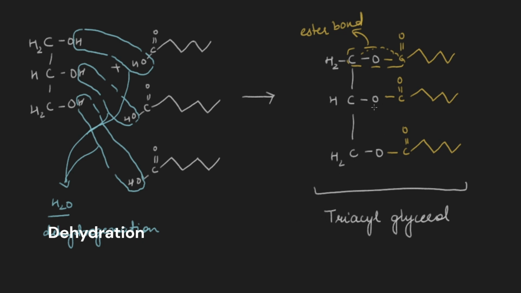Now, if we have a look at this particular triacylglycerol molecule, it has the same type of fatty acid, having the same number of carbons and having no unsaturation. So you'll say that this triacylglycerol is a simple TAG.